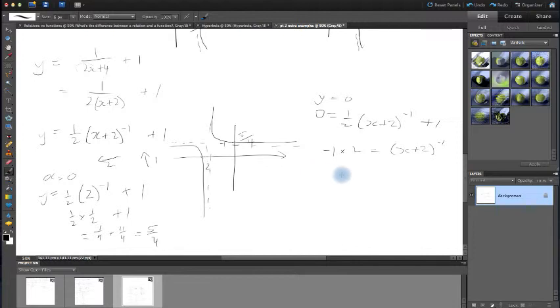So we've got negative 2, and we'll do the power of minus 1 here. So we have negative a half on this side, and now take away the 2, minus 2 equals x. So x equals minus a half. Take away 4 on 2 gives us negative 5 on 2. So this bit here is negative 5 on 2.